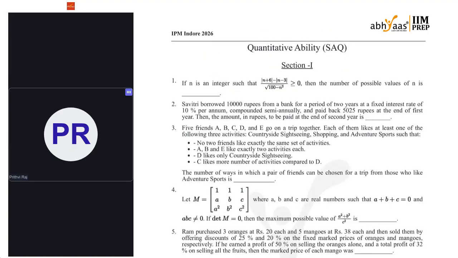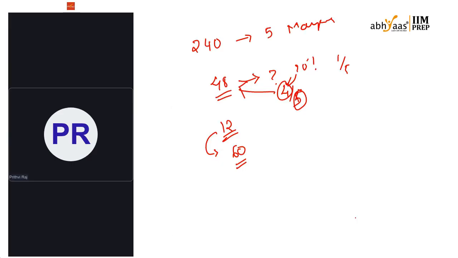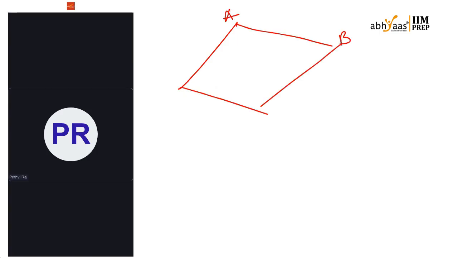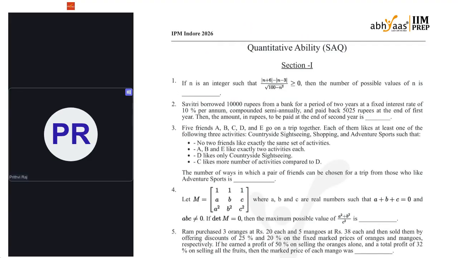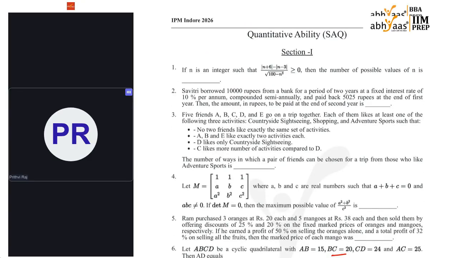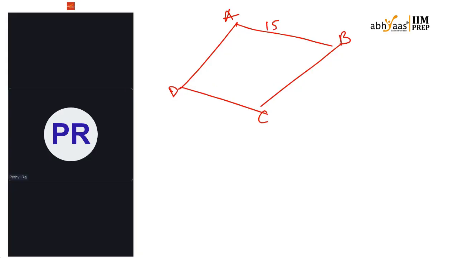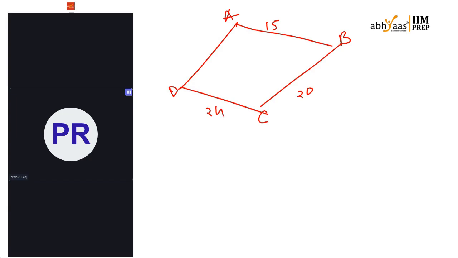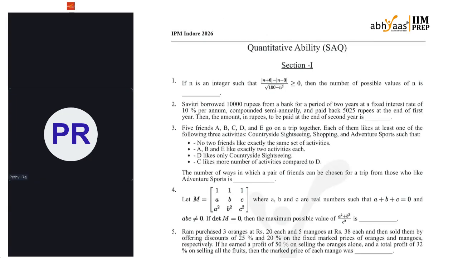Next one. Let ABCD be a cyclic quadrilateral. AB is equal to 15, BC equal to 20, CD equal to 24, and AC equal to 25.